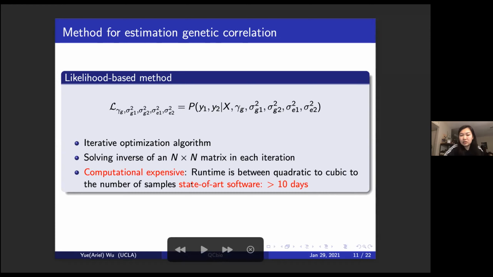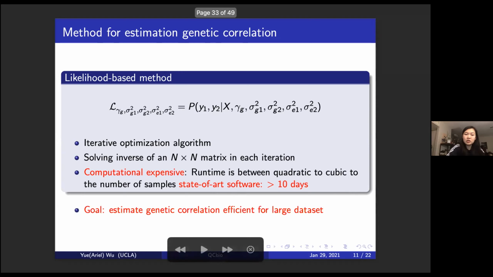So this method is very computationally expensive. The goal of our project is to come up with an estimator of genetic correlation which is efficient to run on larger data sets.